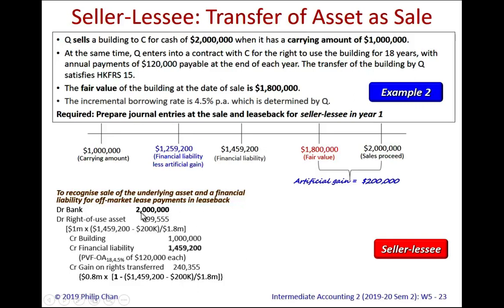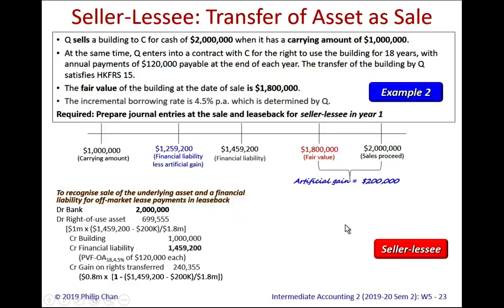All right, and then we have one more double entry, the right of use asset, which is the carrying amount of the asset times the retained ratio, financial liability figure minus artificial gain, divided by the fair value.